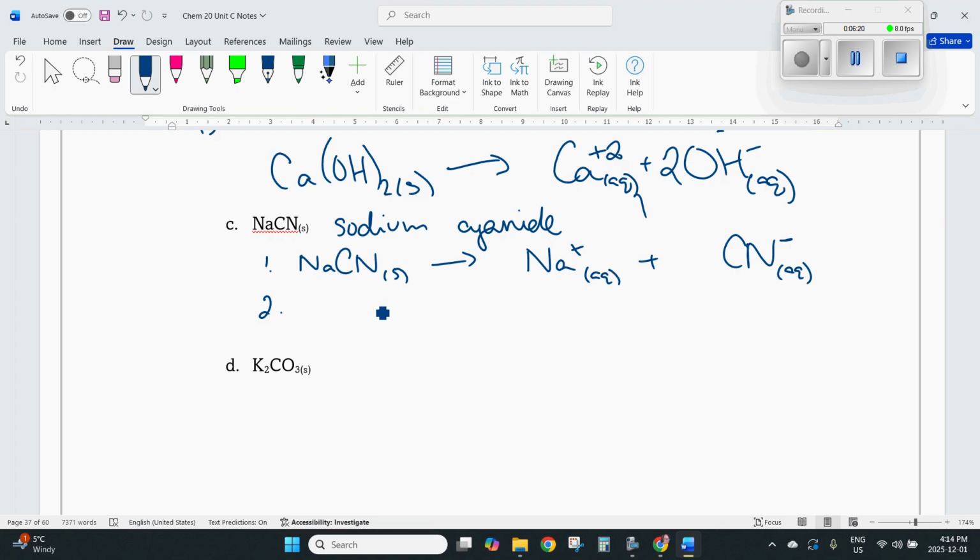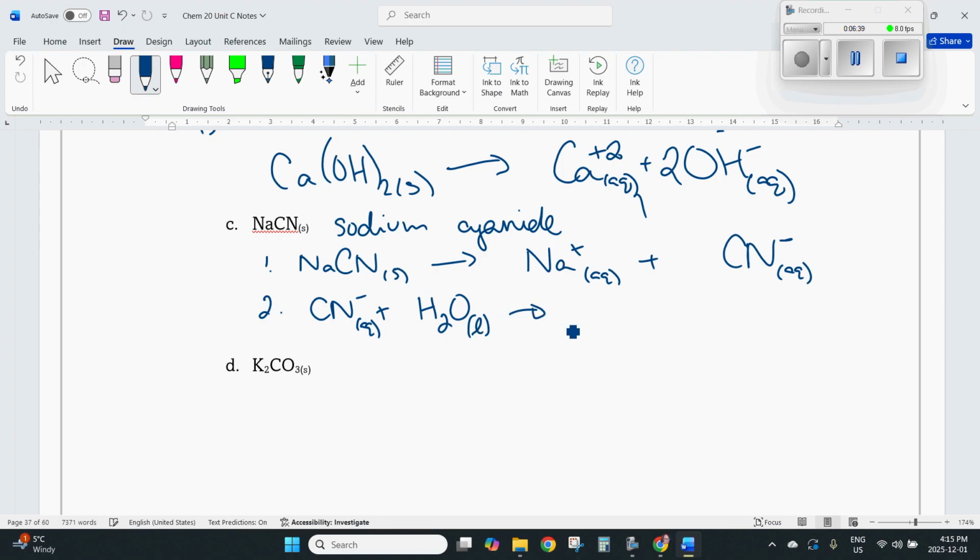Okay, so that means that we're going to take that CN minus and react it in the presence of water, which is H2O, liquid. This is already aqueous because it's dissociated in water.